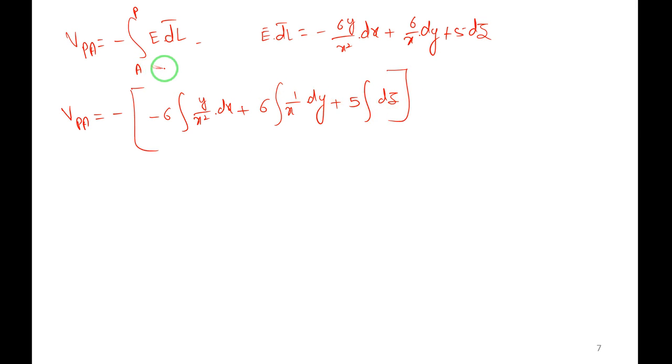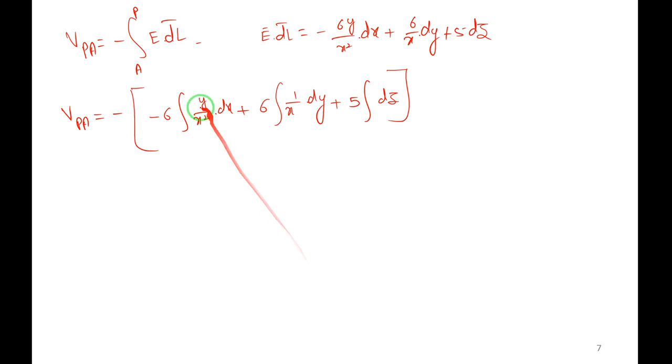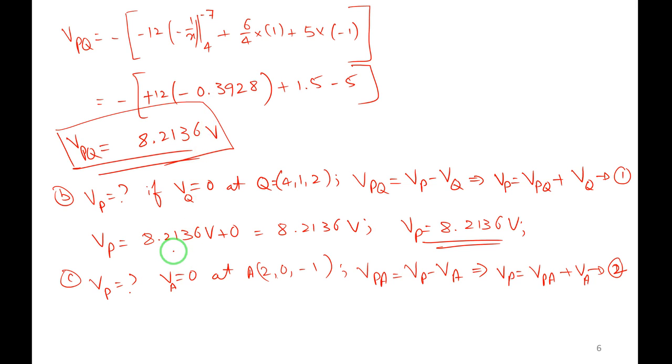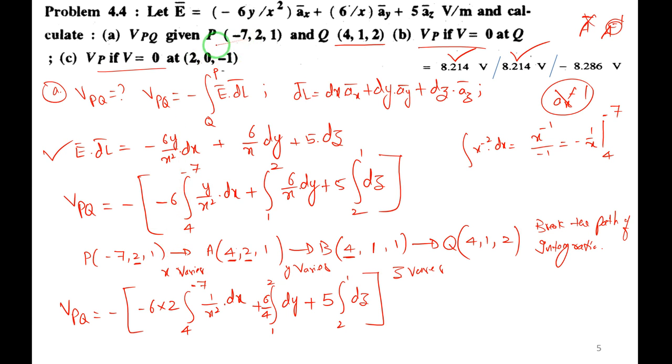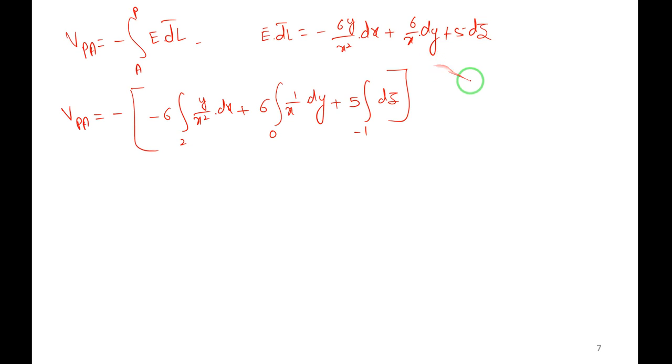Write down the coordinates of A: 2, 0, minus 1. Then coordinates of P: minus 7, 2, 1.